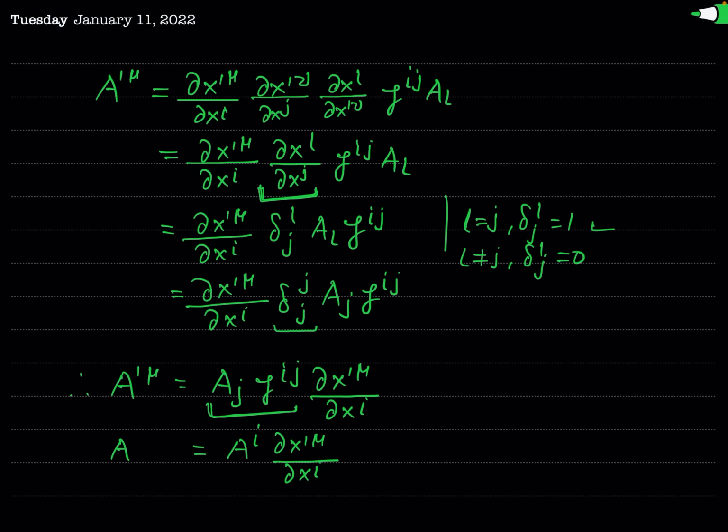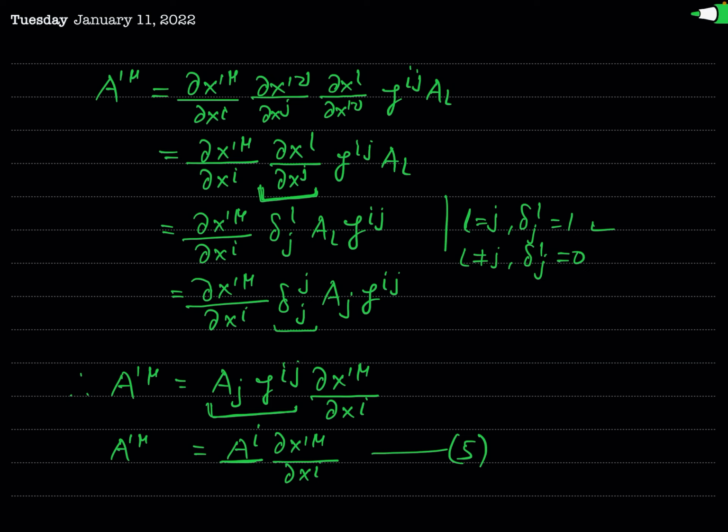Now see this equation. When you look into this equation seriously, you can easily say what this is. This equation actually shows that this quantity A^i transforms just like a contravariant tensor of rank 1. So definitely you can say that this A^i is a tensor.